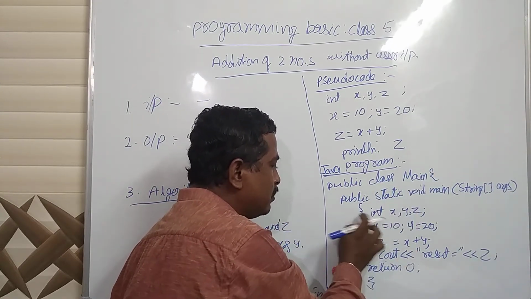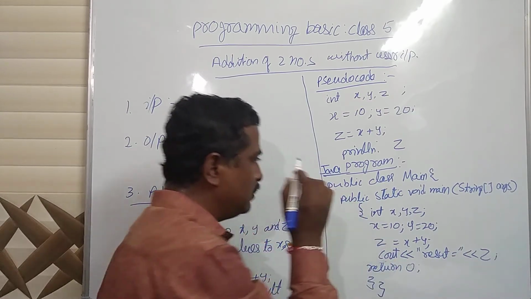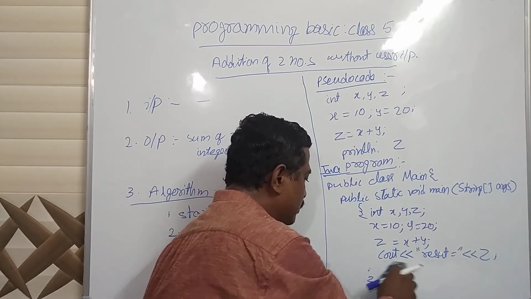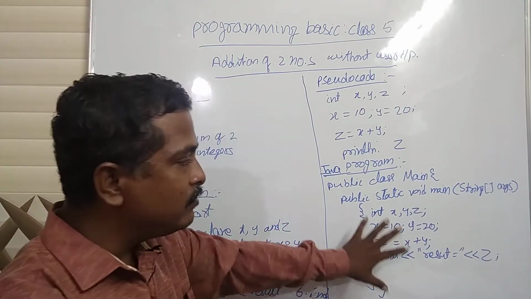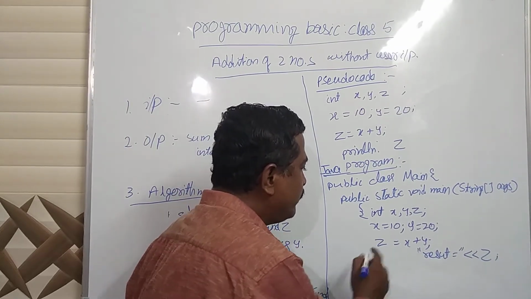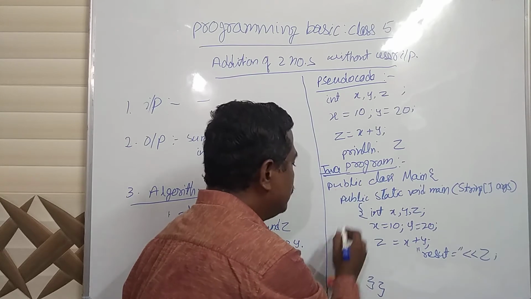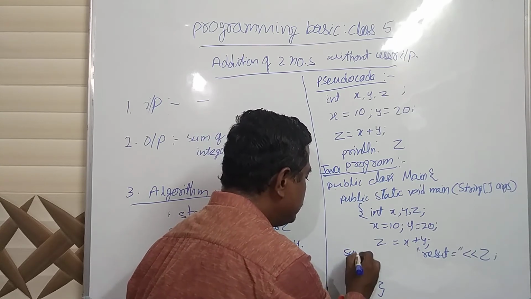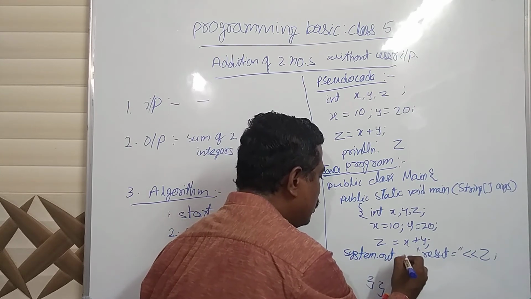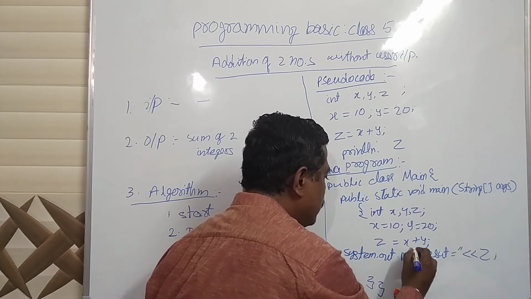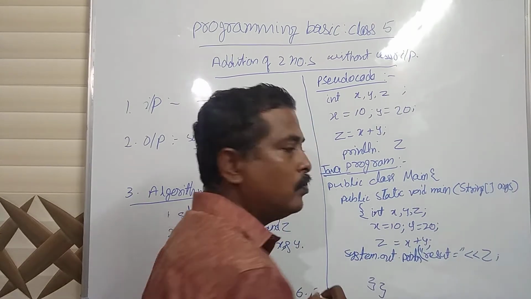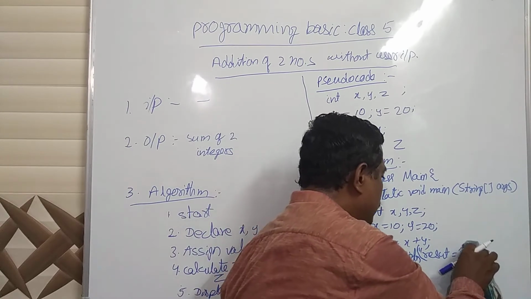Since two opening curly brackets are there, two closing curly brackets are there. Okay, since it is void main, no return type is required. Everything will be the same. See, only the cout statement will be println, that is System, capital S, dot out dot println. Okay, here plus.